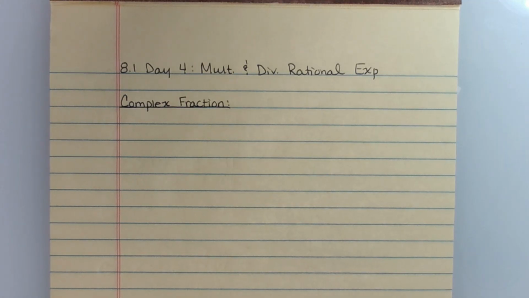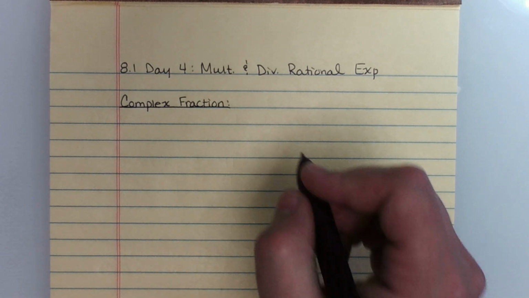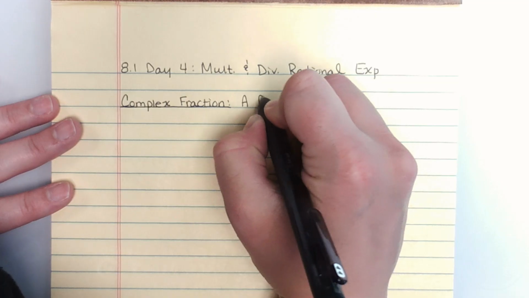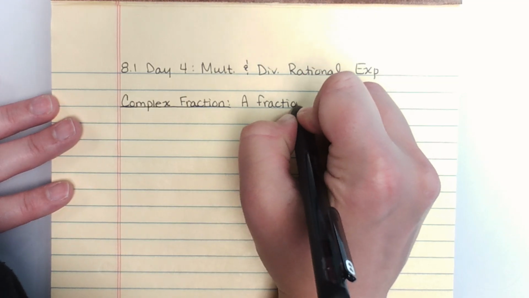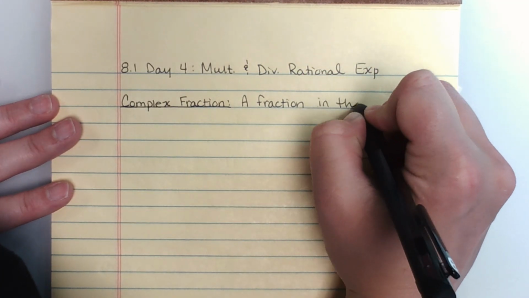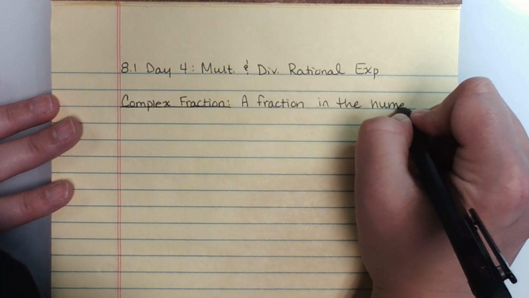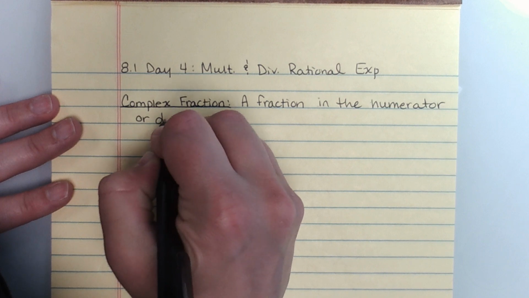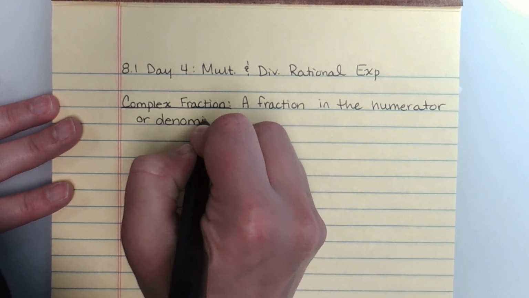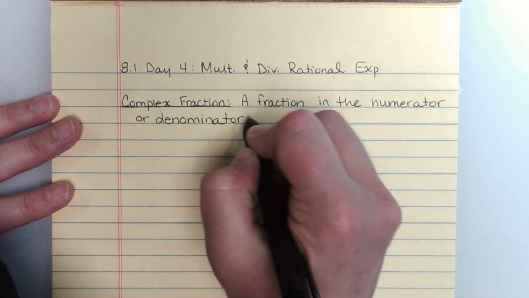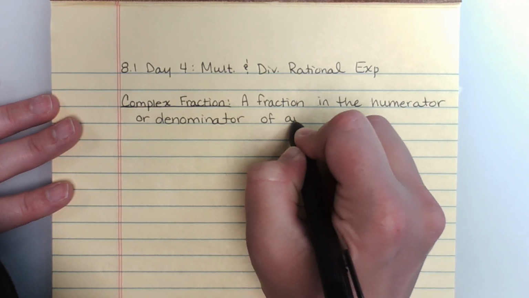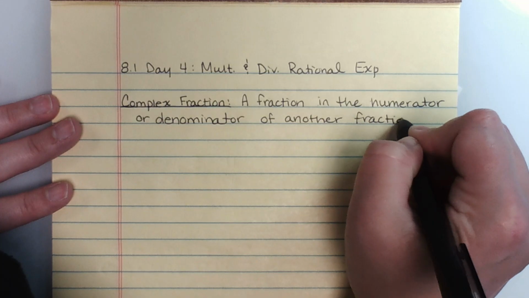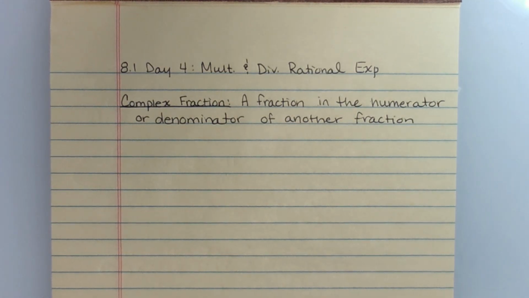A complex fraction is essentially when you have a fraction in the numerator or denominator, could be both, of another fraction. It is a fraction within a fraction.